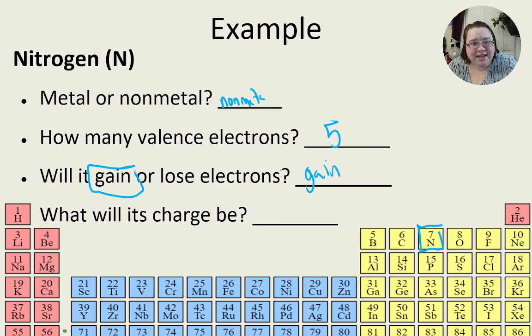To get to that octet, it needs 3. Because remember, our goal is to have 8, or to lose them all and get down to 0. So it's not going to lose 5. It's going to go out and steal 3 more electrons. When it finds those 3 electrons and becomes the nitride ion, it will have a -3 charge, or a -3 oxidation state.